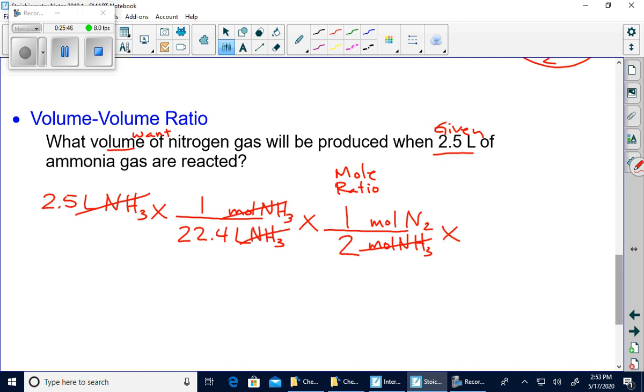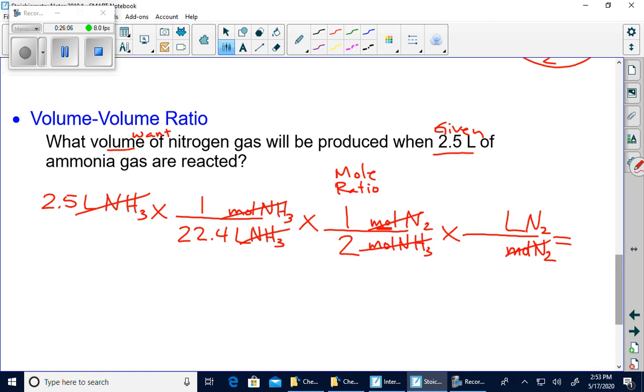Okay, now I've got one more step because I've got to go from moles to liters. So I need to put moles of nitrogen on the bottom so that that cancels, and liters of nitrogen on top, because that's what I want.